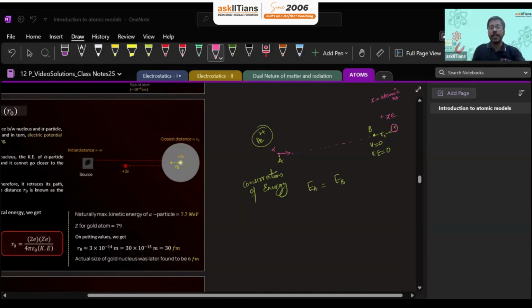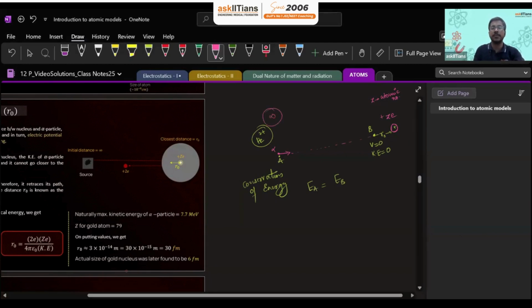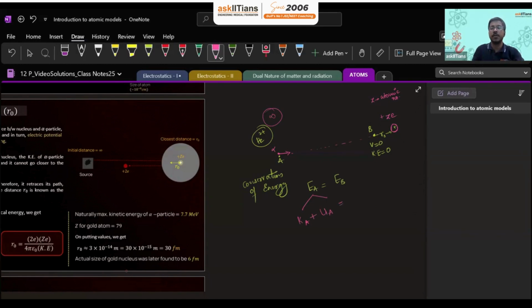So total energy at point A is the sum of the kinetic energy and potential energy, right? And this point A is very far from the nucleus, so we take this point A to be approximately at infinity, right? So we can say total energy is equal to kinetic energy initial at A plus potential energy at A. And total energy at B is equal to kinetic energy at B plus potential energy at B.